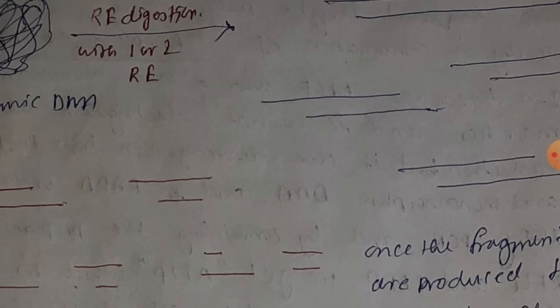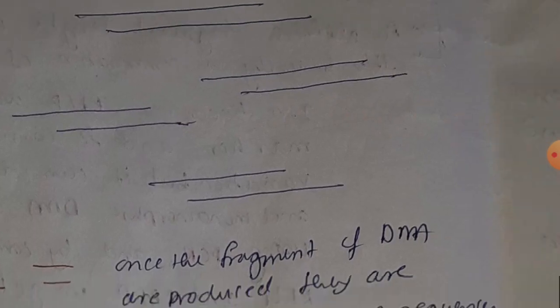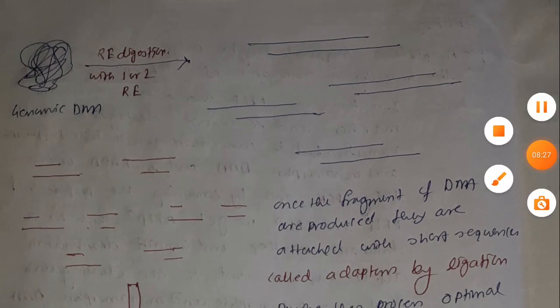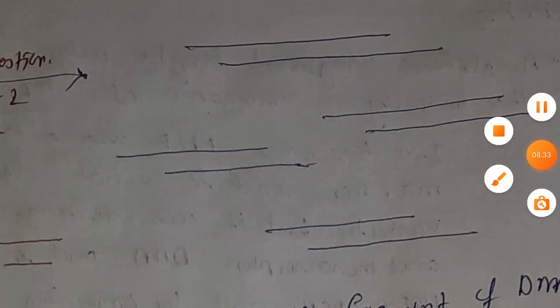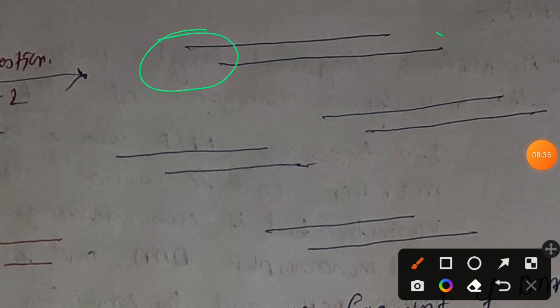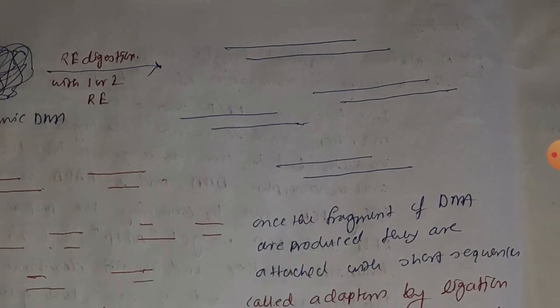After genomic DNA isolation, it is important to apply restriction endonuclease digestion with at least one or two restriction enzymes, which will generate restriction endonuclease fragments. Now, as you can see, there are staggered ends, right? And it is obvious, because most of the restriction endonucleases that we are using create staggered ends, because it is easy for ligation.